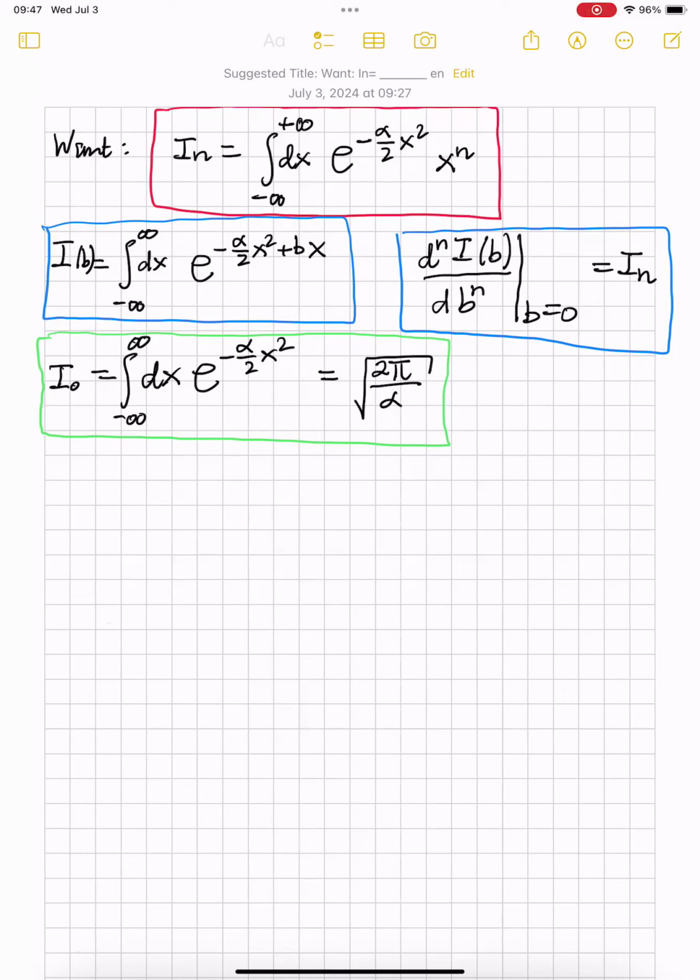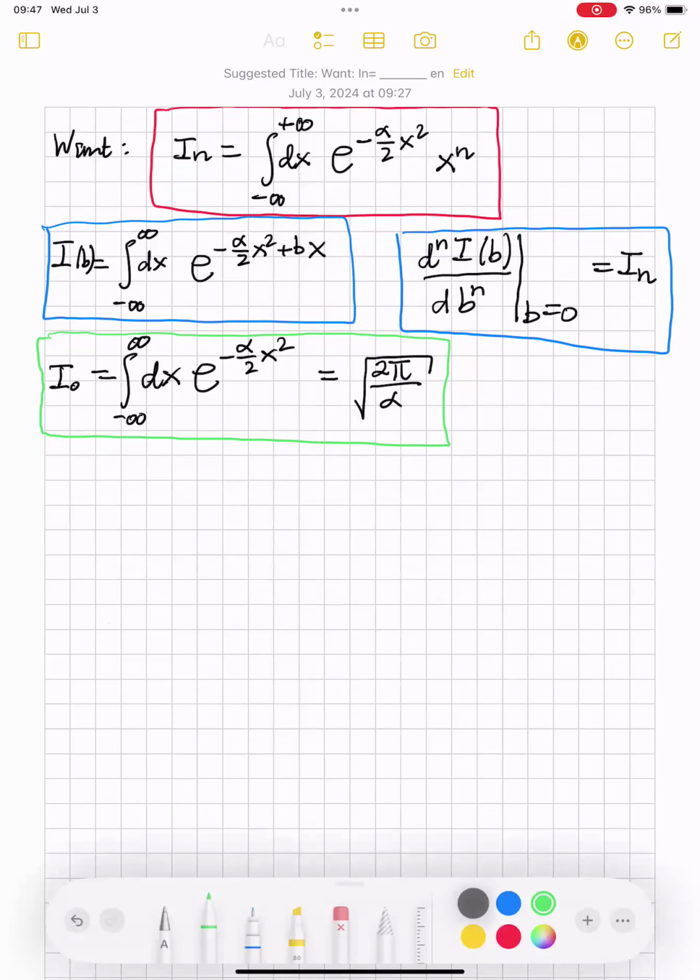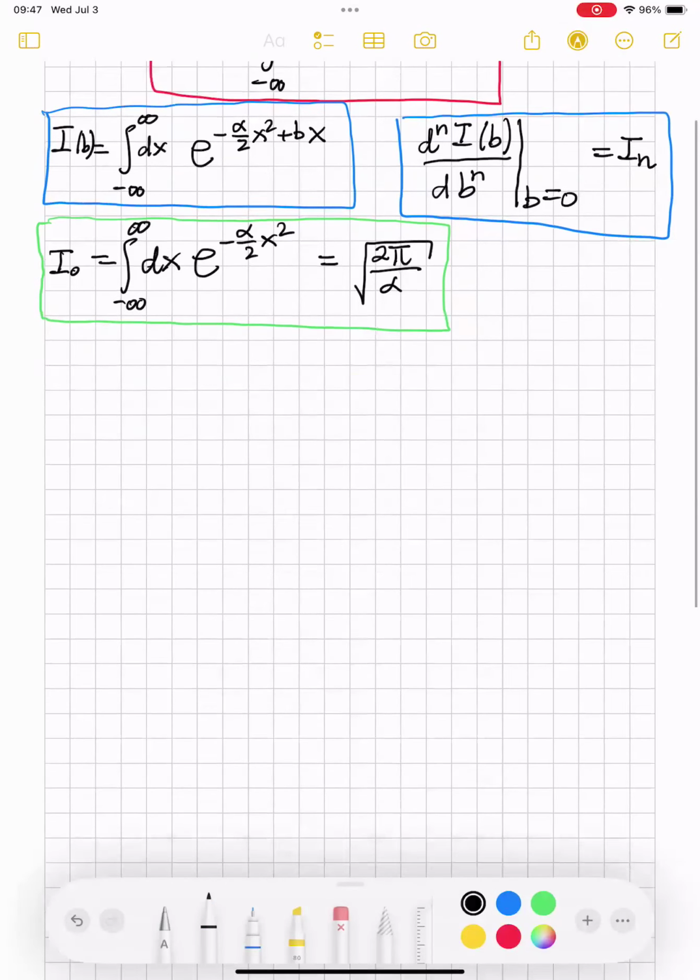Now notice that I of B looks very similar to I naught. And I just want to tease that out a little bit right now, okay? So I'm going to plot here. So let's make a plot. And on this axis over here, we'll have X. On the vertical axis, I'm going to consider two things.